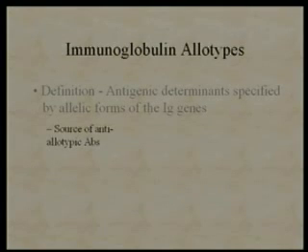Another place that we get these antibodies is from women after they've given birth. At birth, there's a rupturing of the membranes, and there's a mixing of fetal and maternal circulation. If the child has inherited an allotype from the father that the mother doesn't have, the mother will essentially become immunized against that allotype. So women become a source of these anti-allotypic antibodies that are used to detect the allotypes.